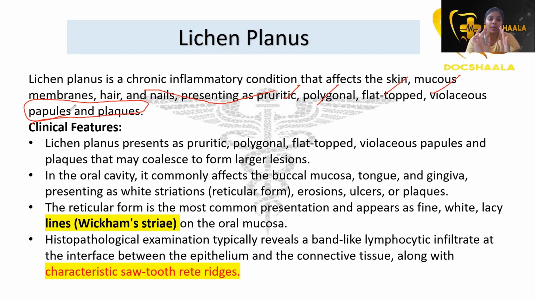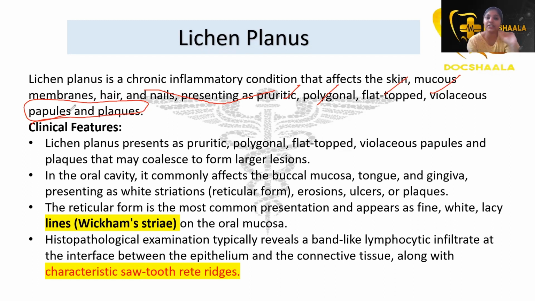Why I'm saying it is very important is you have to remember how the lesion looks in every disease. In every disease you either have a plaque, a papule, a macule, or a white patch. So you have to remember this distinguishing point.